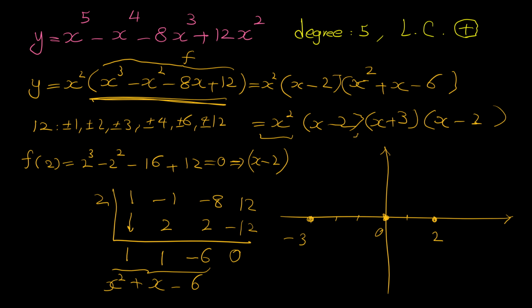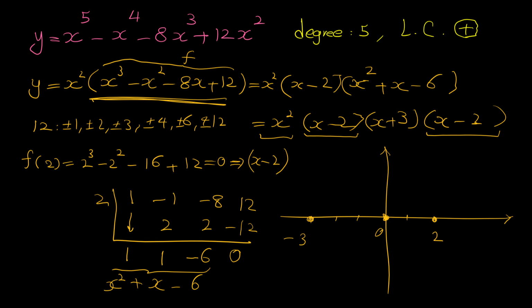Please pay attention, x minus 2 is repeated here and here. This means that 2 is a repeated factor. 2 is of multiplicity 2 because it's x minus 2 times x minus 2, which basically means we have x minus 2 to the power of 2. So 2 of these roots are of multiplicity 2.